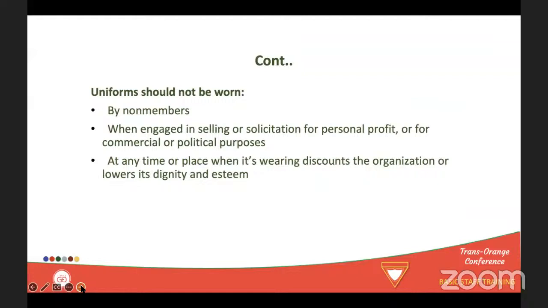Nor should it be worn when engaged in selling or solicitation for personal profit or for commercial or political purposes, or at any time or place when its wearing discredits the organization or lowers its dignity and esteem. As I have just said, let's make sure that we keep our uniform dignity in check. And then move on to the next slide.